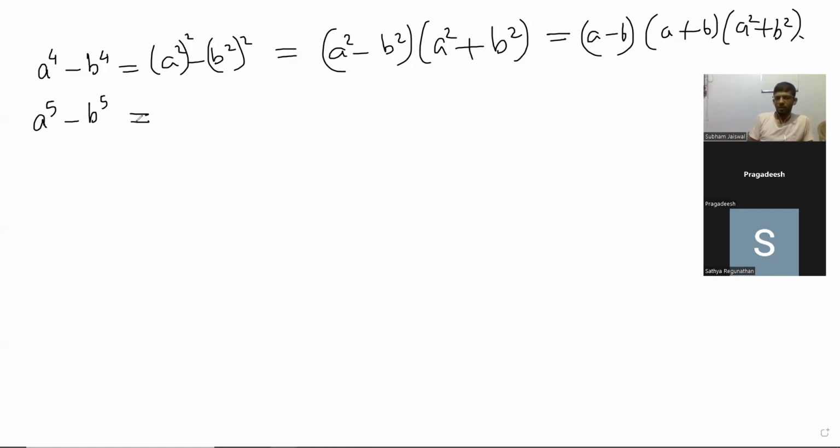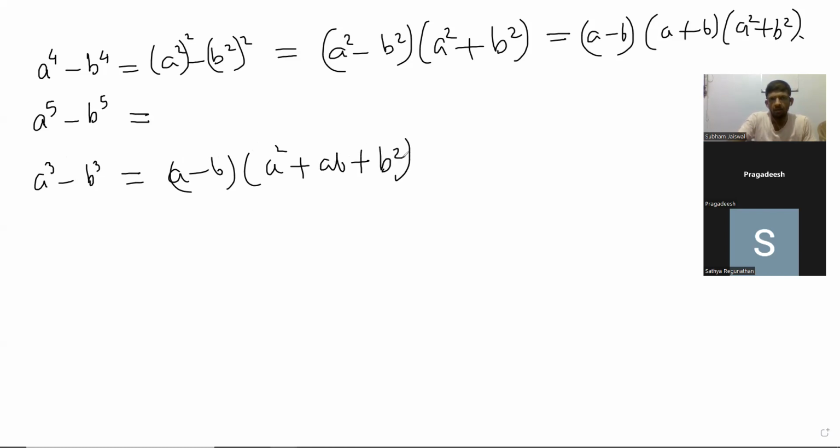Try this one. So we know for a cube one I'm writing, so that if you want to take some hint from there. So just give this a try.